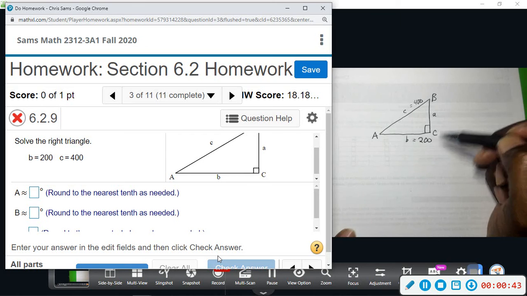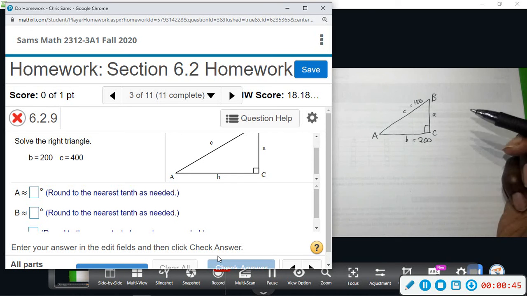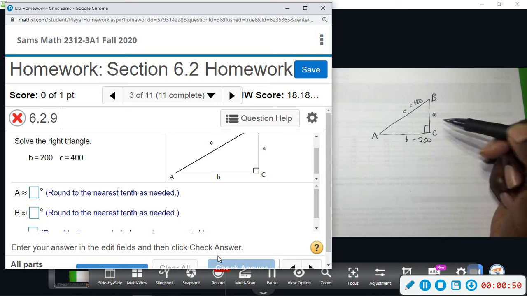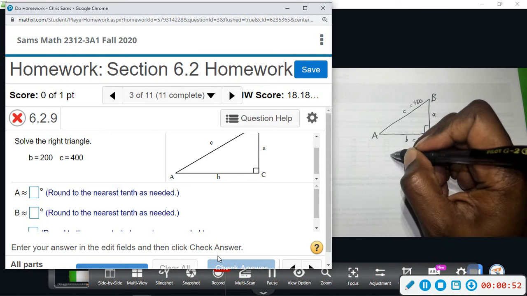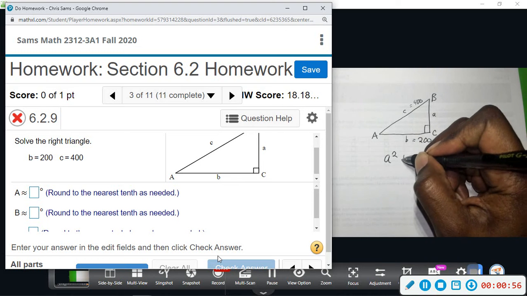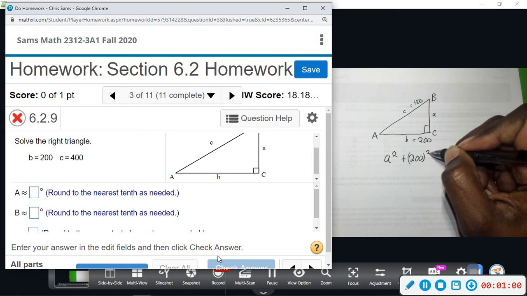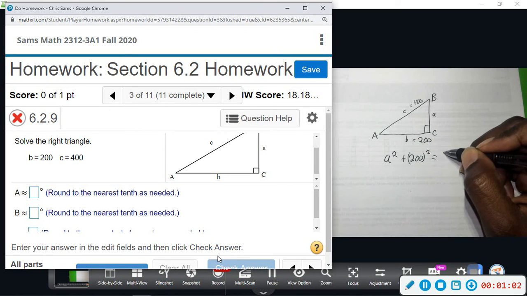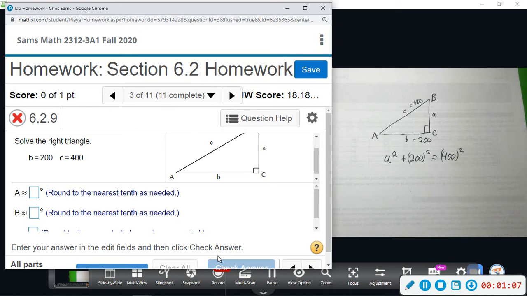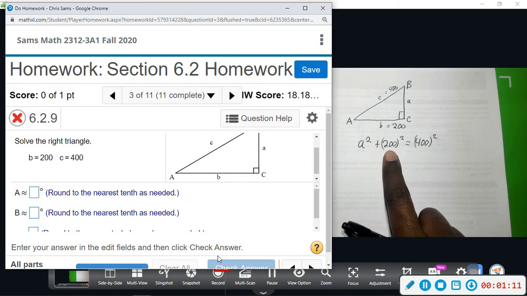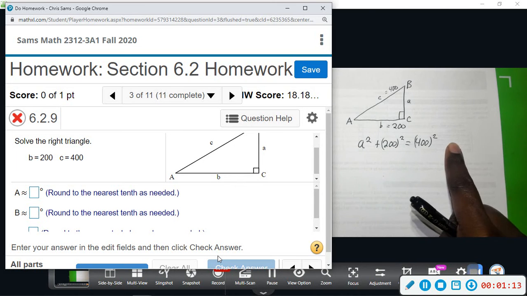Alright, so since we have a right triangle and we have two sides, we can use Pythagorean's theorem to find the missing side. So that would be A squared plus B squared, which would be 200 squared, equals C squared, which is 400 squared. Alright, and then I'm just going to go ahead and move this over.